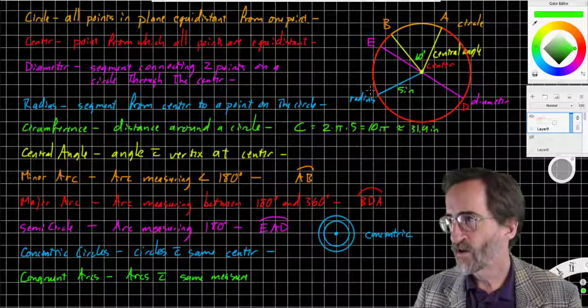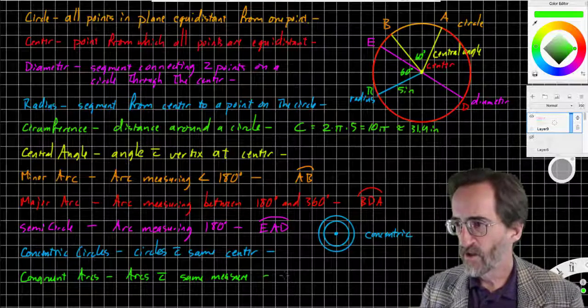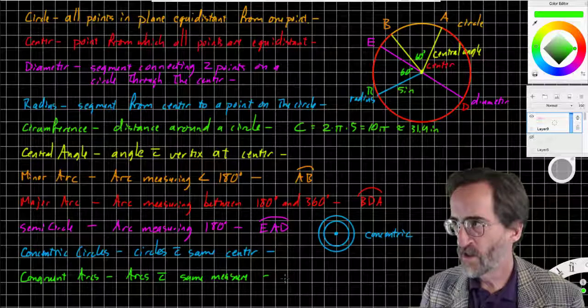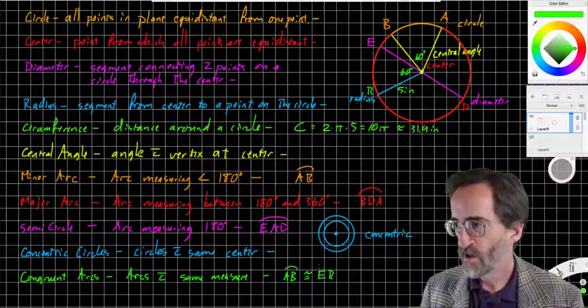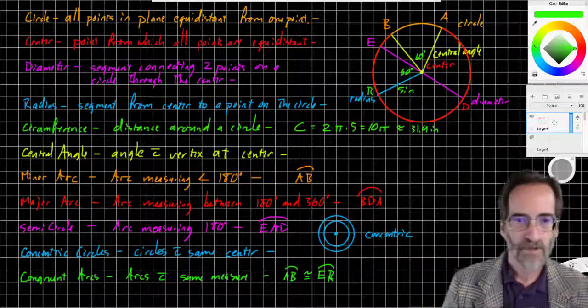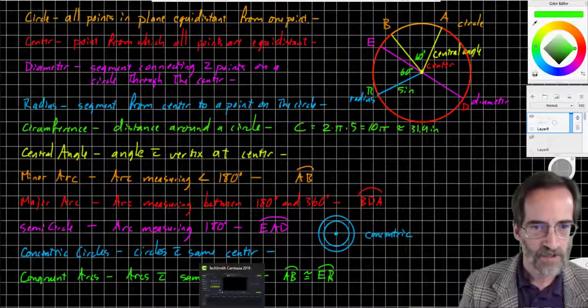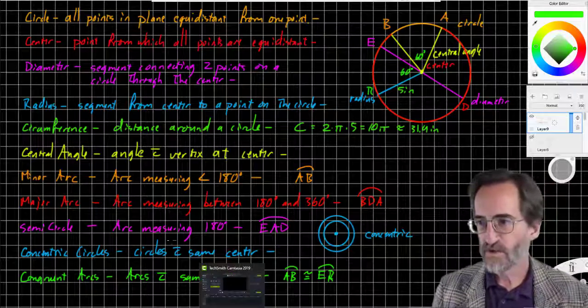And let's say arc ER is 60 degrees. Then arc EAB is congruent to arc ER because they have the same measure. Okay, congruent arcs.